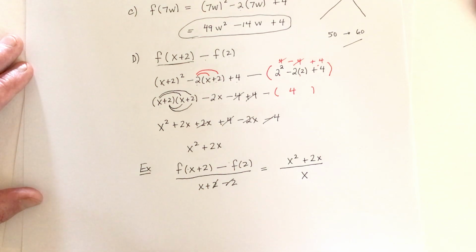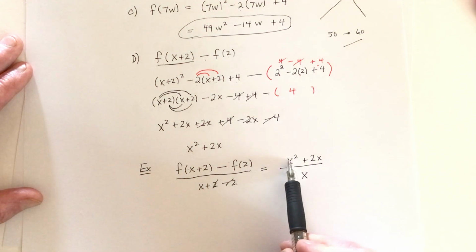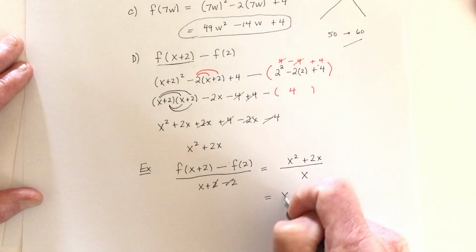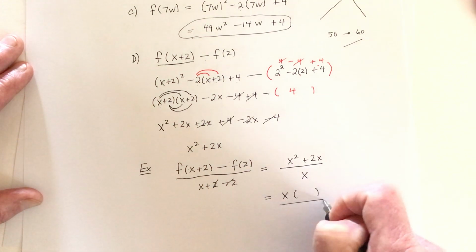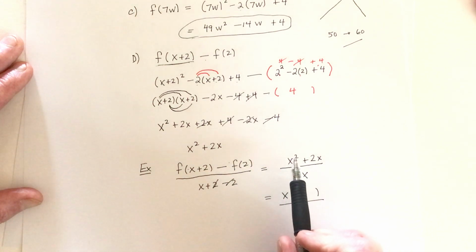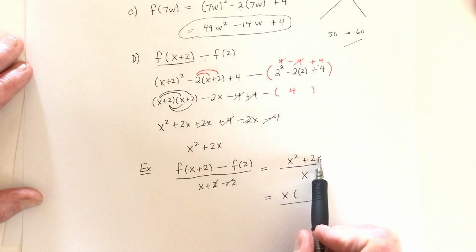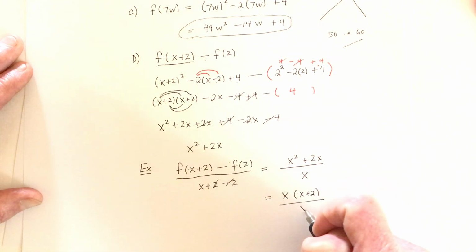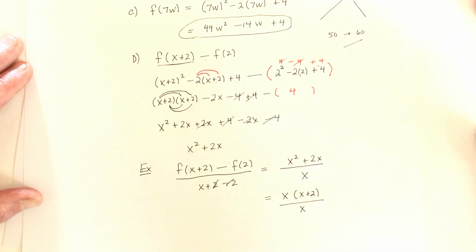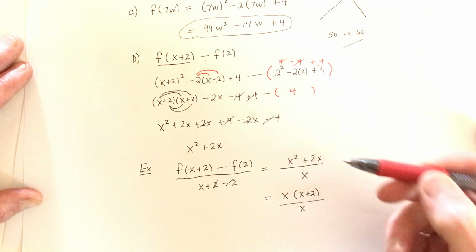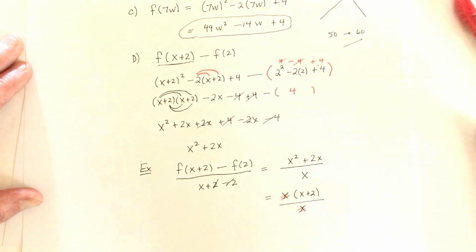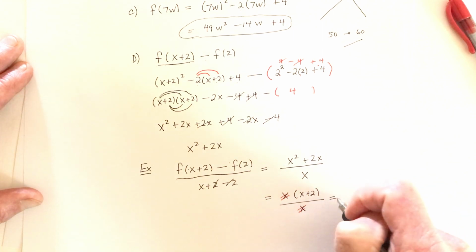And then this could be simplified because this has an x in it and this has an x in it, so I could factor out an x. When you do, this would just be an x and this would just be plus 2. And then for the last step, just get a nice red pen and say cancel, cancel, and the answer is x plus 2.